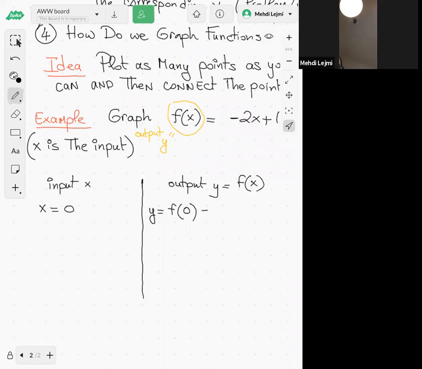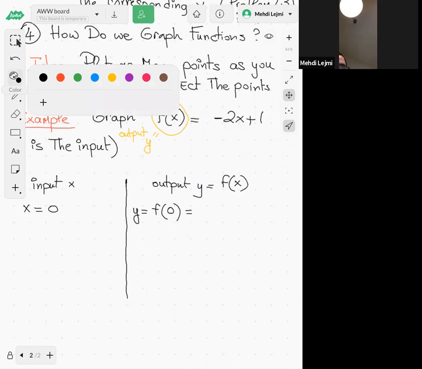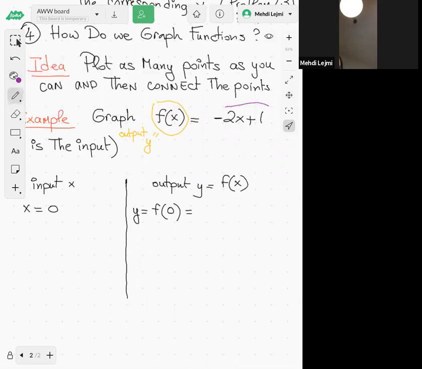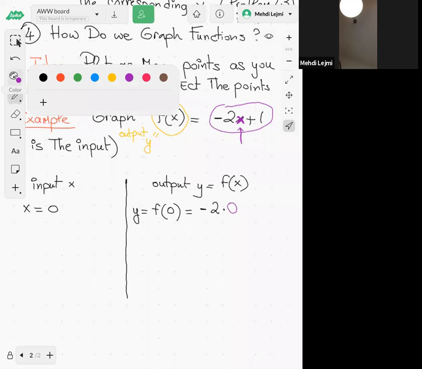This is equal to, so all you have to do, guys, of course, is to substitute x. You see, this is your function. Here's my x. And all I have to do is to substitute this x by 0. Okay, so it's going to be negative 2 times x. So that will be negative 2 times 0, and then plus 1.